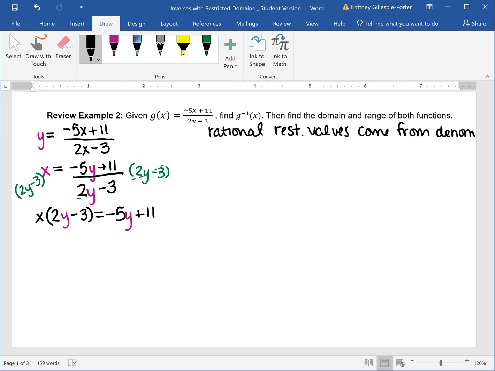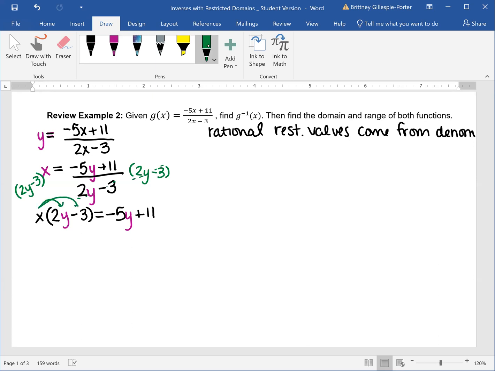Okay. Because we have y's showing up everywhere and we need to get our y's to one side and everything without a y to the other side of the equation, we need to take care of this x. We can't divide both sides by x because then we're going to have our negative 5y trapped with the x underneath.